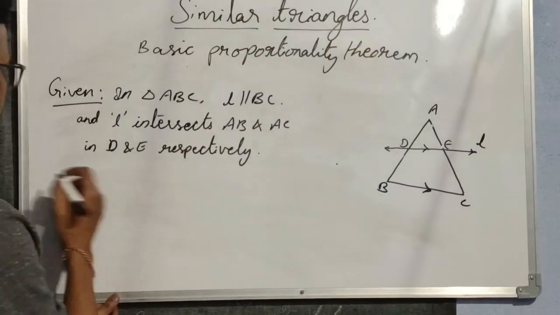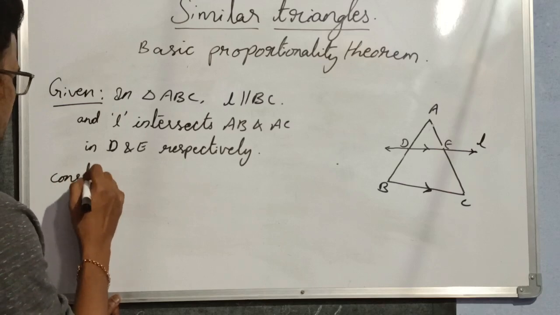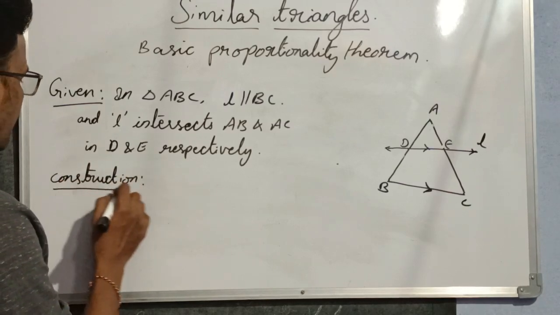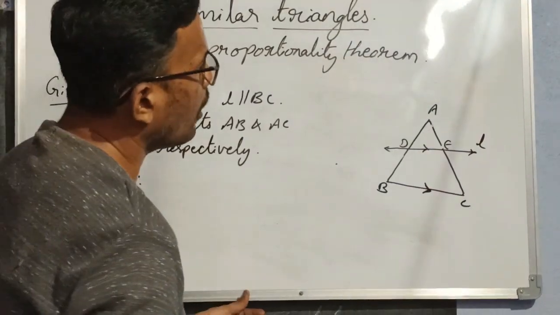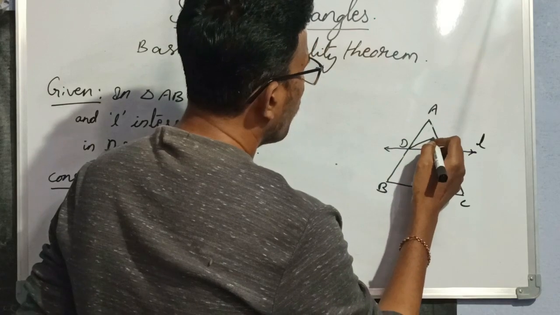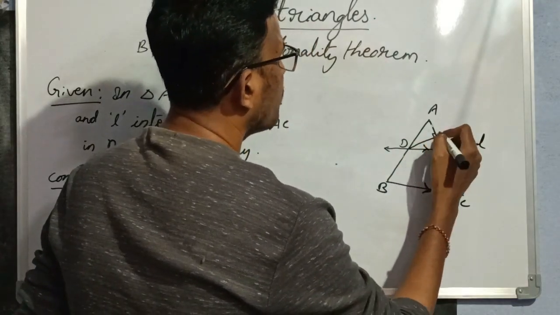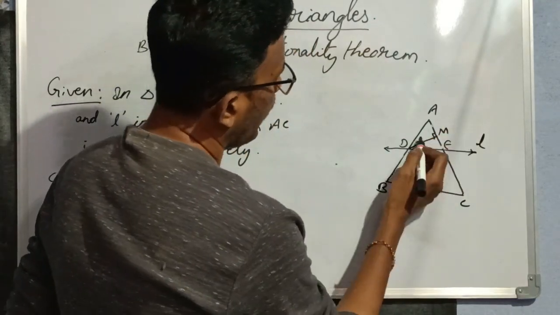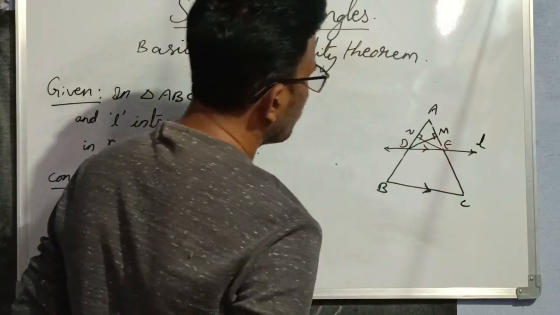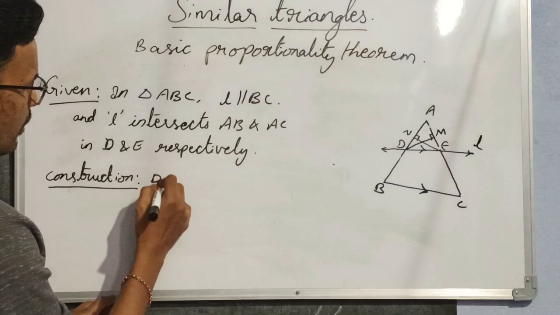Okay, next construction. So what we need to construct means draw DM perpendicular to AC and EN perpendicular to AB.